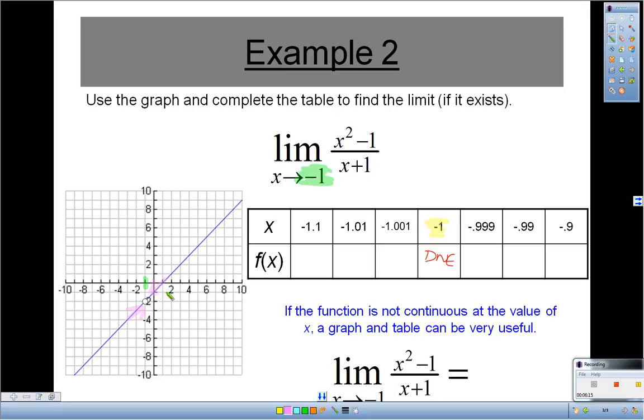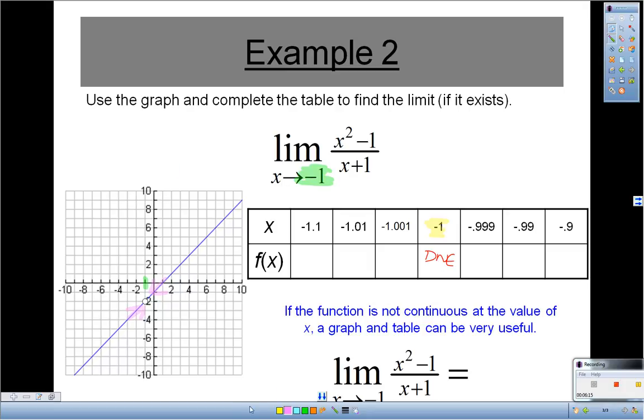On the right-hand side, it's also approaching -2. So even though the function is not defined at -1, the limit does exist. It's approaching the same value on the left-hand side as the right-hand side. It's approaching -2. So even though we couldn't solve it analytically, we can prove it graphically and numerically.